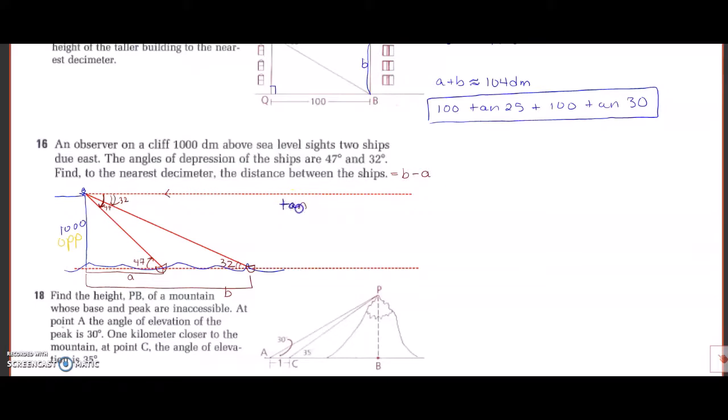The tangent of 47 degrees is equal to 1,000, the opposite, divided by A. And if I have to subtract, shouldn't I put A on the right? I have to subtract A from B. Makes more sense.